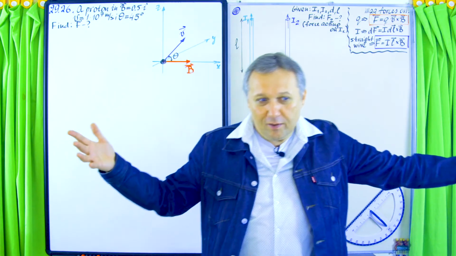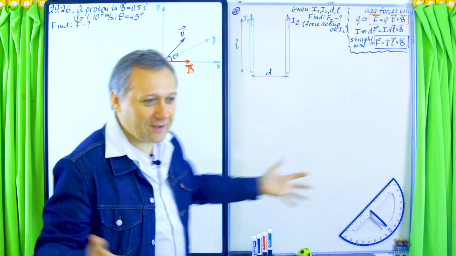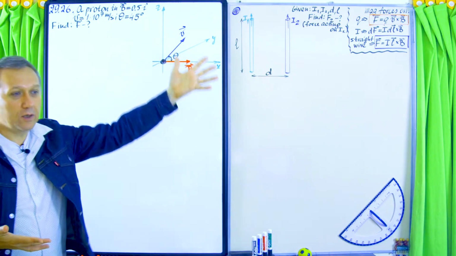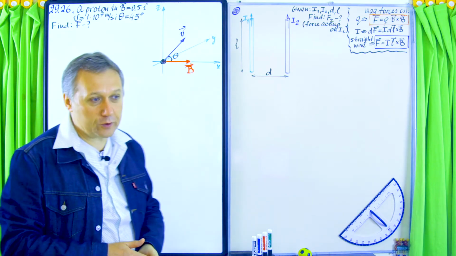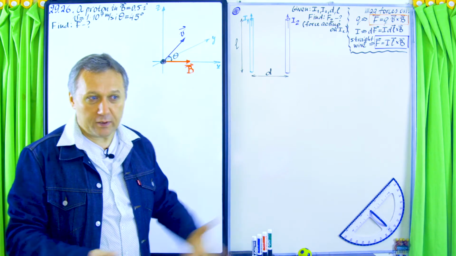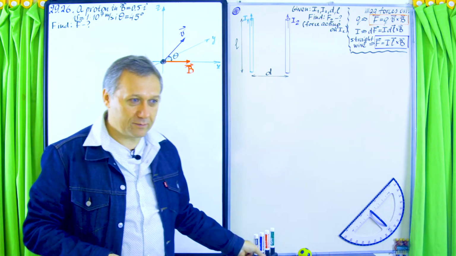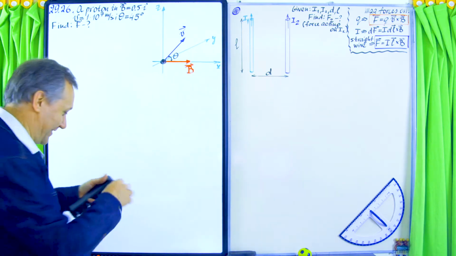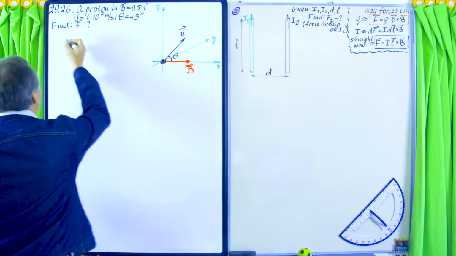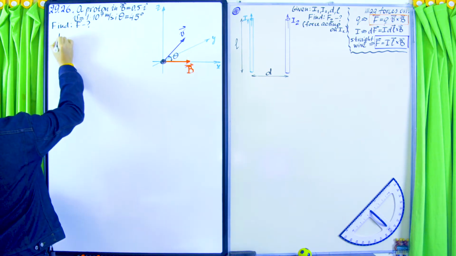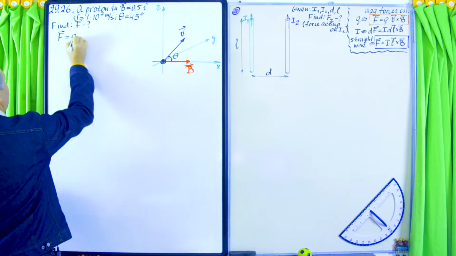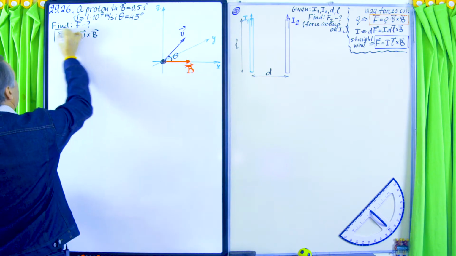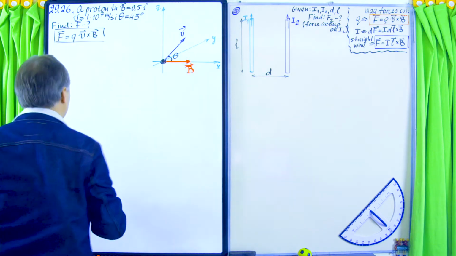So we just need to grab that formula, the Lorentz force, the magnetic force, and just apply it carefully. So in this case, it's just point and shoot. So let me write down first the magnetic force, F = q V cross B. So that's the beginning.